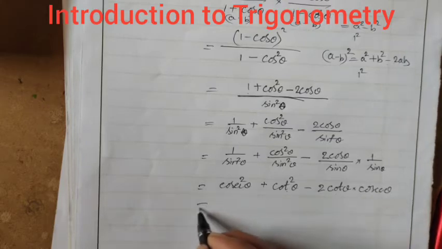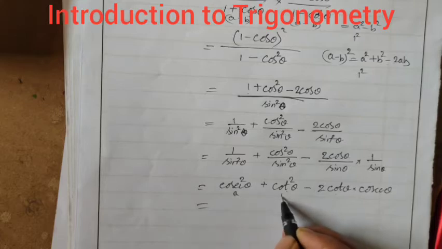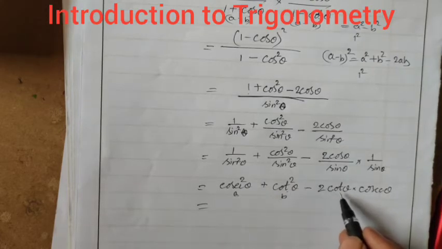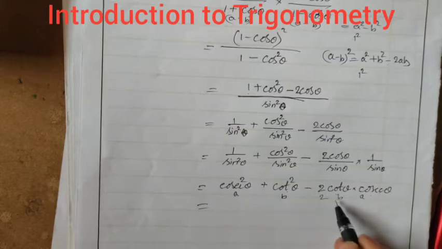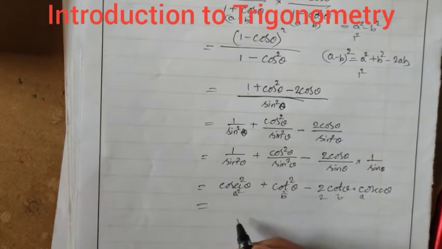It is nothing but a minus b whole square. This is a, this is b. So a square plus b square minus 2ab becomes a minus b whole square.